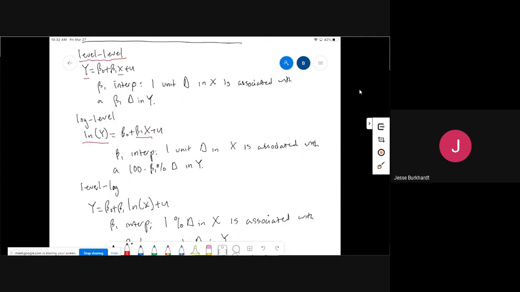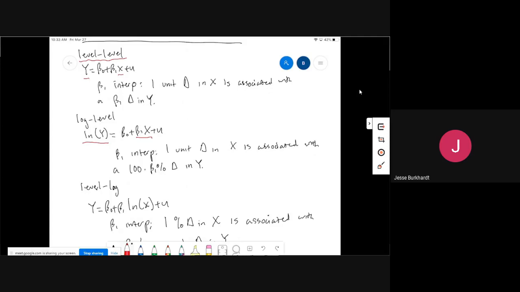I've given you code to do this in the R script as well. We are creating a new column in our data set that is just the log of the y variable. We log every value of y, and that becomes the log of y variable. The interpretation of beta 1 in this case is that a 1 unit change in x is associated with a 100 times beta 1 percent change in y.